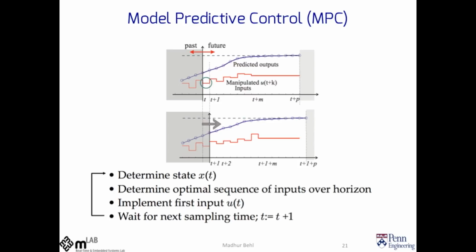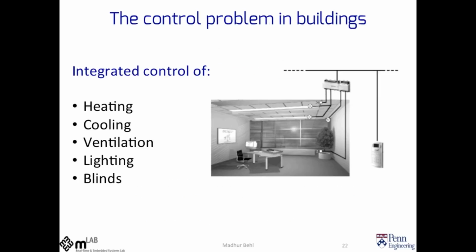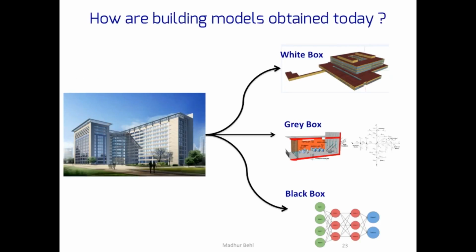So in the context of buildings, our control problem is that we want to figure out the set point or the operating conditions for the heating, cooling, and ventilation systems of these buildings. So if we have a model which relates this to the energy consumption of the building, we could use that to do model-based design. But when you talk of model-based design, the biggest thing that it relies on is how you are getting these models to begin with, and how accurately they can describe the operation of the building.